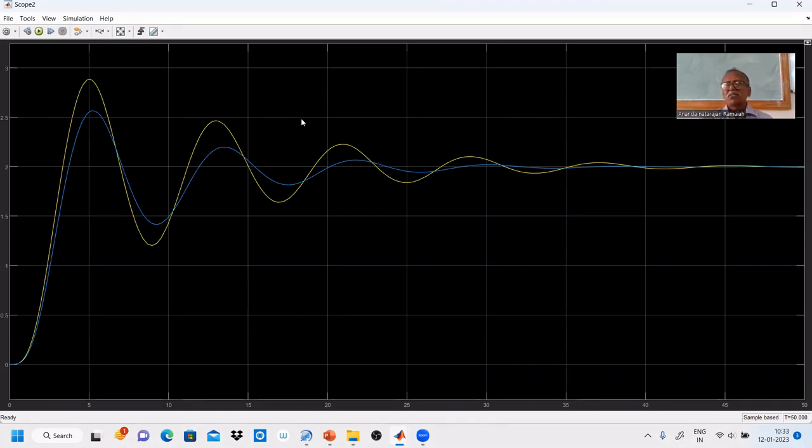So both the I value, TI value, as well as Kc are important. But if you see only proportional, it appears that the reaction curve method is better. But if you do PI, it shows that the continuous cycling method gives better. So if you tune better, the response will be better.